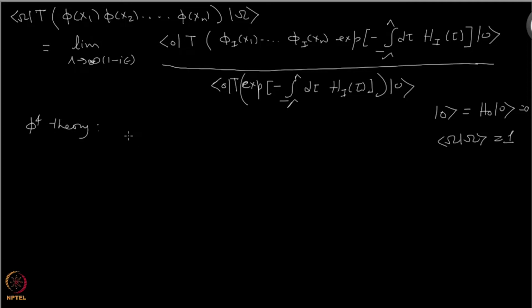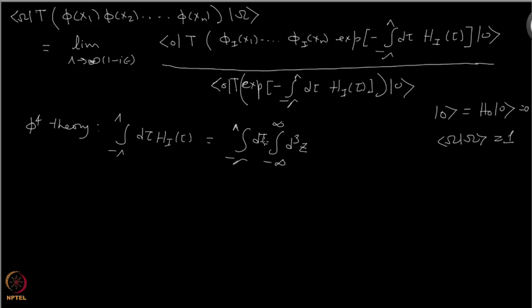We have d tau, and then H comes with d cube x, or what am I writing? Let me write z instead of x, from minus infinity to infinity.